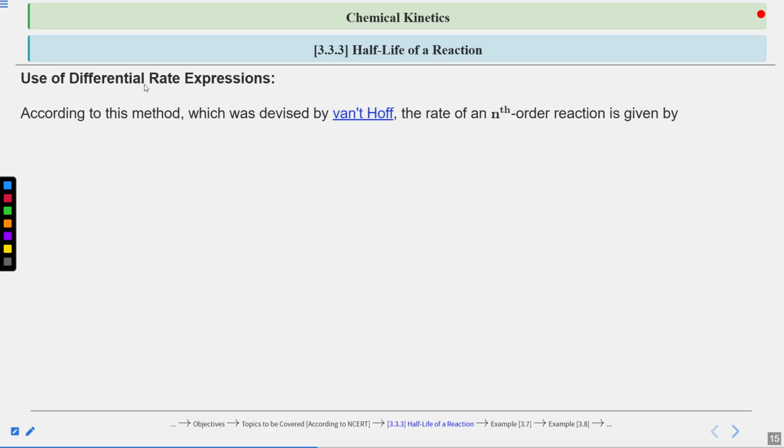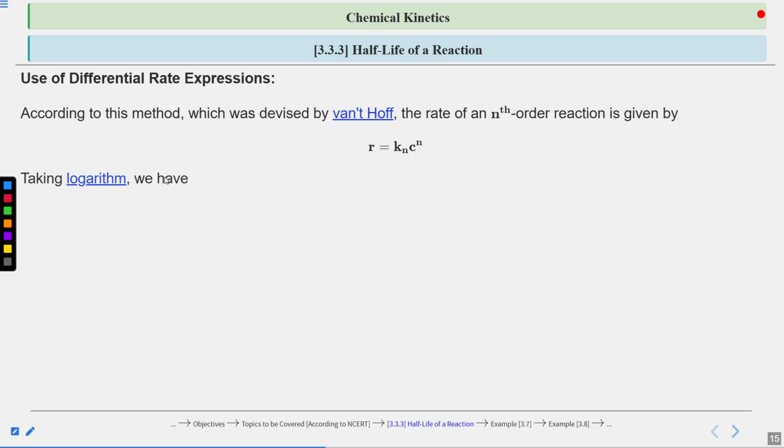According to this method, devised by Van 't Hoff, the rate of an nth order reaction is given by the following. Basically, in this method, Van 't Hoff said that for an nth order reaction, meaning the order is not particularly known, let's suppose it is nth order, the rate is given by r equals k c to the power n. Here n is the order, k is the rate constant, and r is the rate of the reaction.